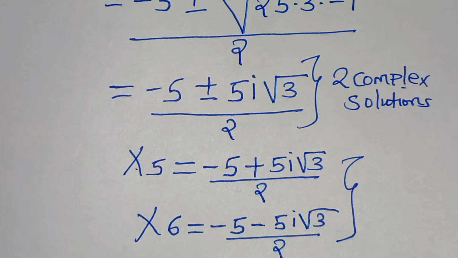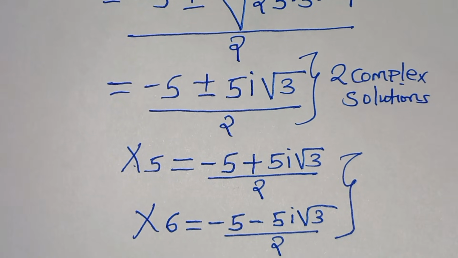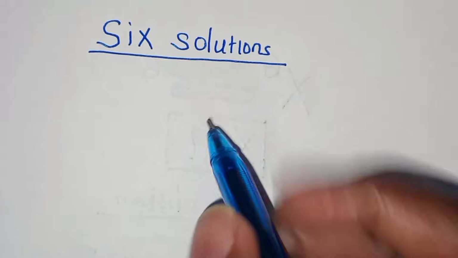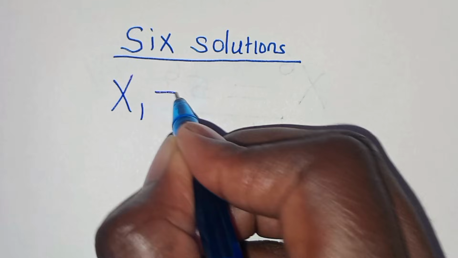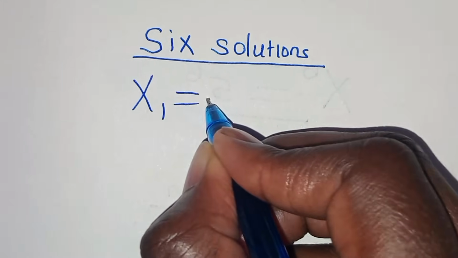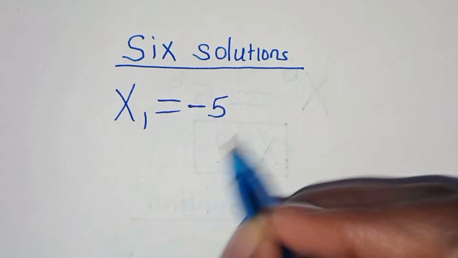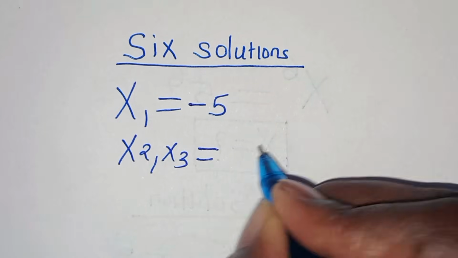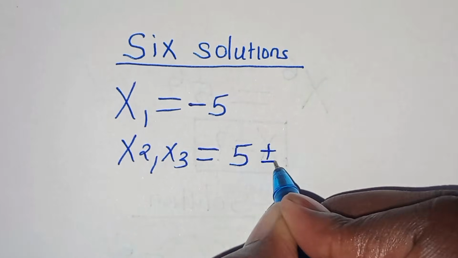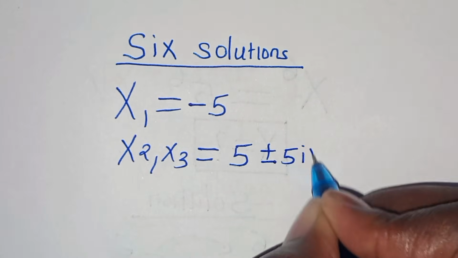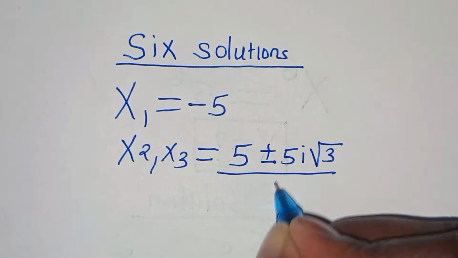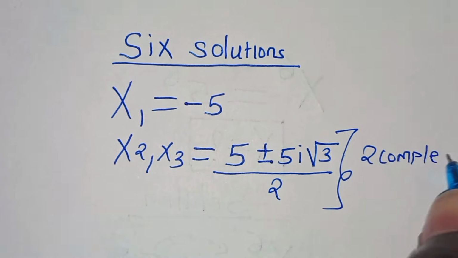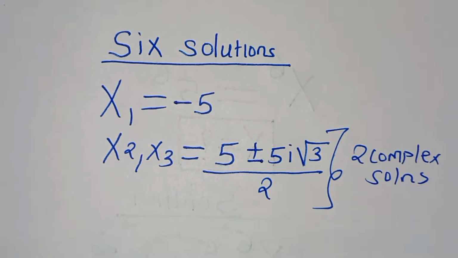So this means that we have 6 solutions. We have x1 equal to minus 5, this is a real solution. x2, x3 is equal to 5 plus or minus 5i square root of 3 divided by 2, these are two complex solutions.